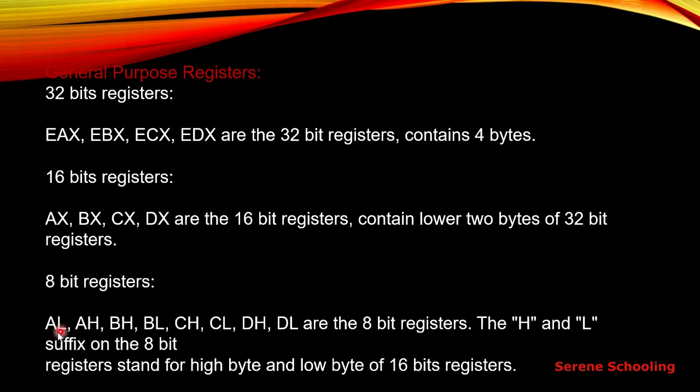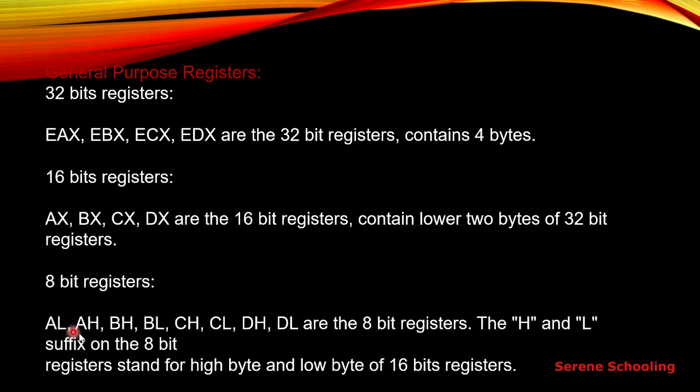Here you can see AL, accumulator lower, AH, BH, BL are all 8-bit registers, and the H and L suffix on the 8-bit registers stand for high byte and low byte of 16-bit registers. Basically, this is an 8-bit register, this is an 8-bit register, and if we combine those two accumulator registers, on the whole we get a 16-bit register, right?